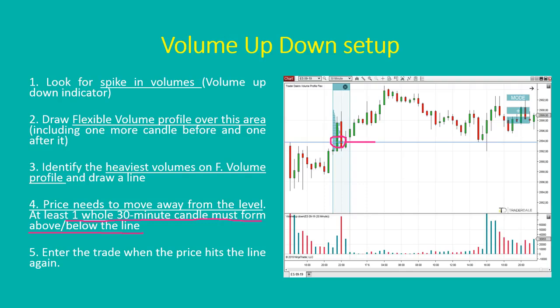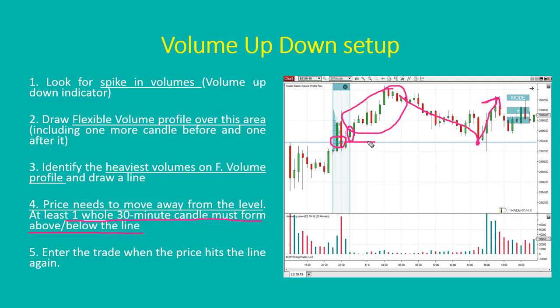So in this case, if you look carefully, it would be this candle, this one. This is a whole candle formed above the line. Then there are more, but this one is enough. Alright? And then you wait for a pullback and you enter your trade.